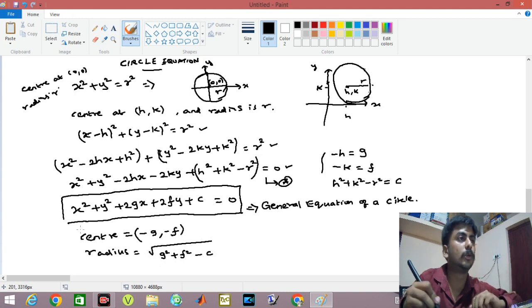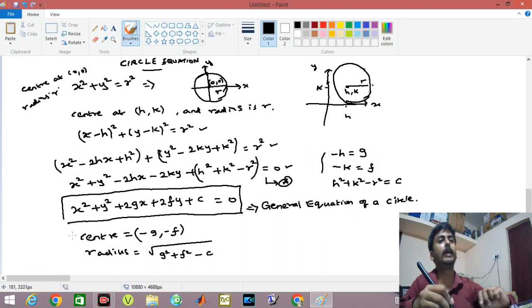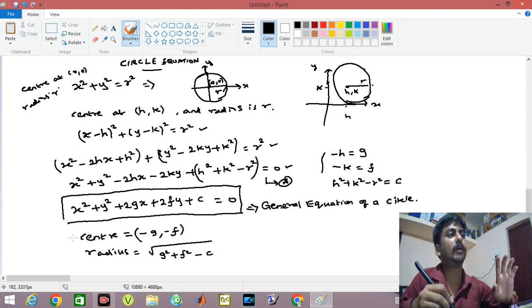So this equation is called the general equation of circle. We have now seen the different equations of circle, from the basic equation to the general equation. So kindly go through it.